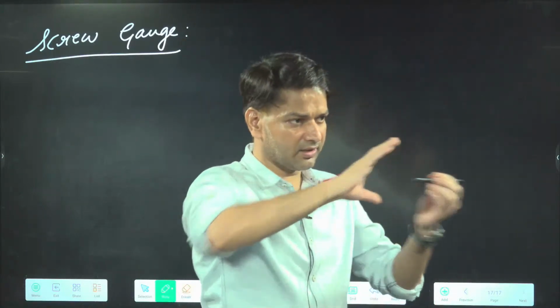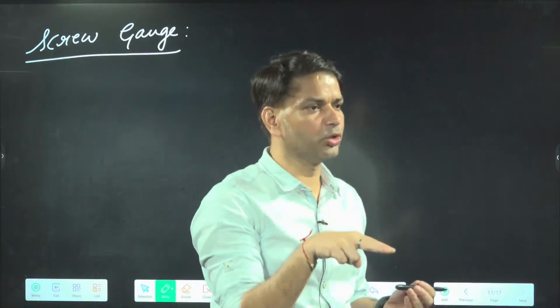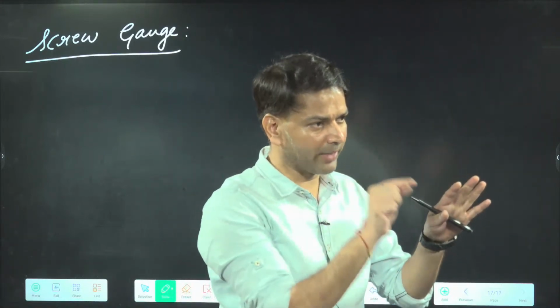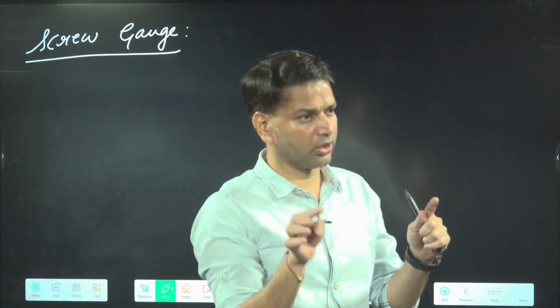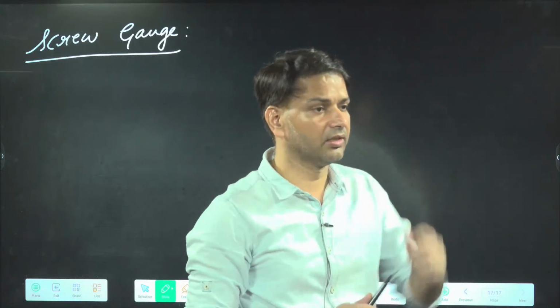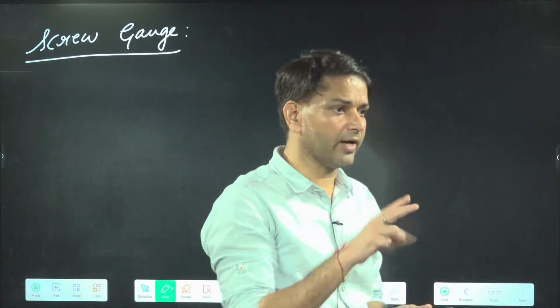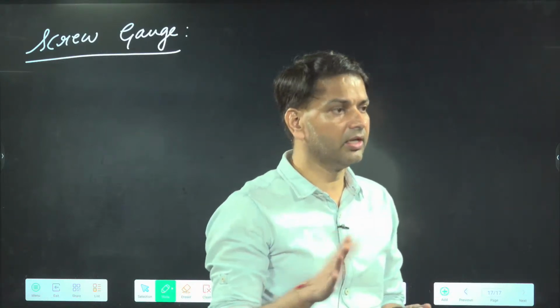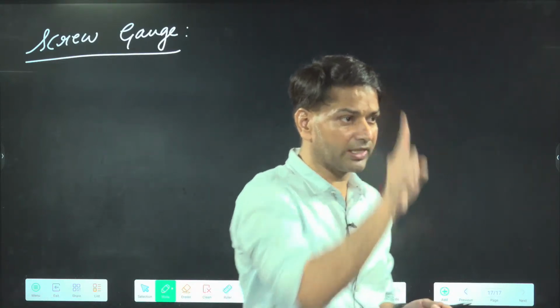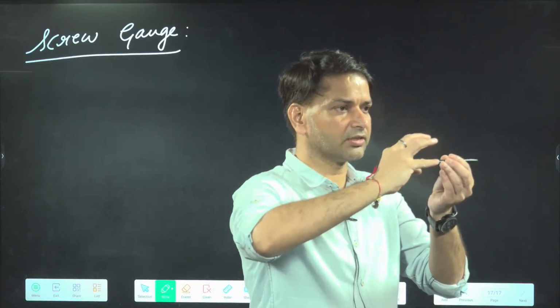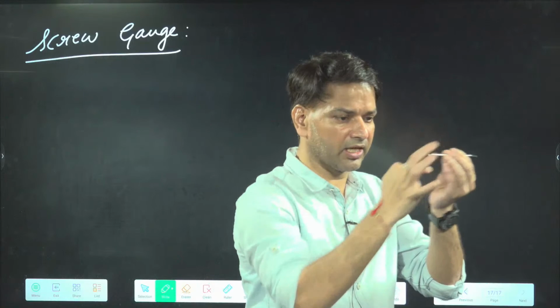In a screw gauge we have 2 scales, like a Vernier calipers: one main scale and one circular scale. In a Vernier calipers we have one main scale and one Vernier scale. In a Vernier scale, vertical divisions were there. The circular scale is like a cylinder, and horizontal divisions will be there like this.